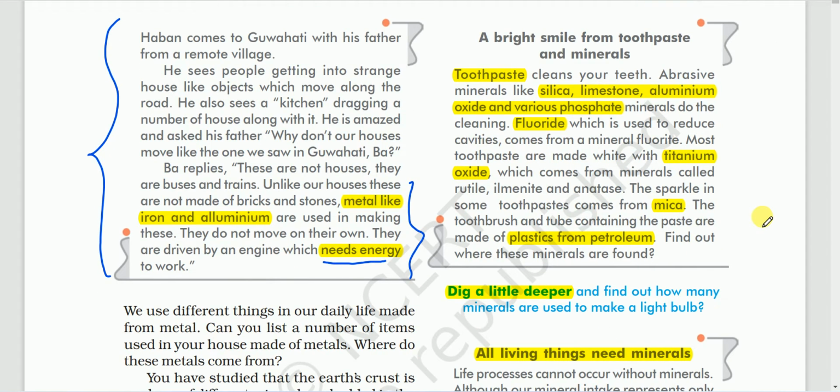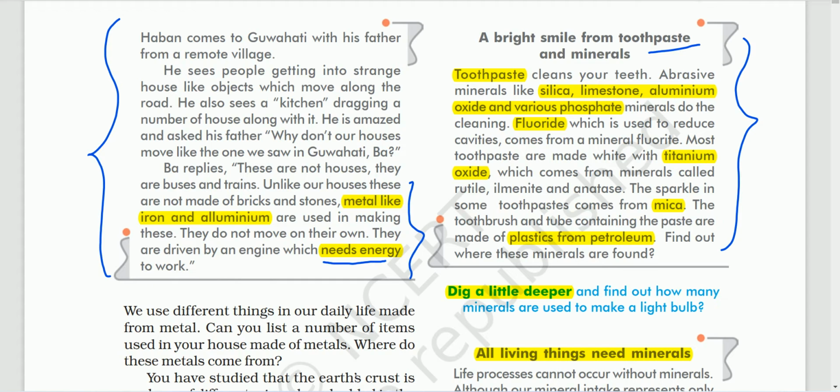And again, here also in this box you'll find the importance of these minerals. This is just an example, a case study, a bright smile from toothpaste and minerals. So let us read.